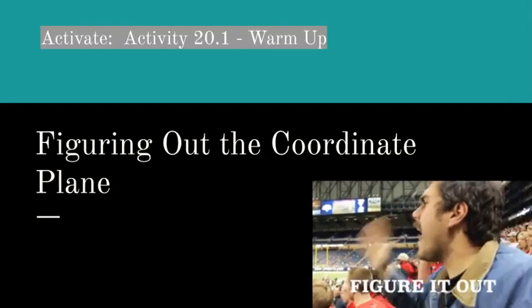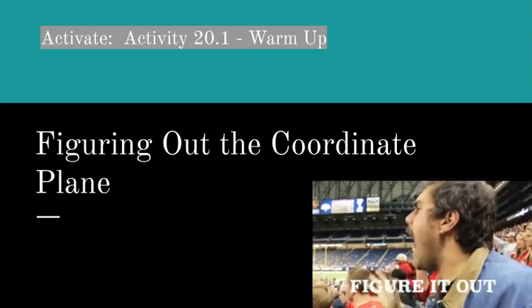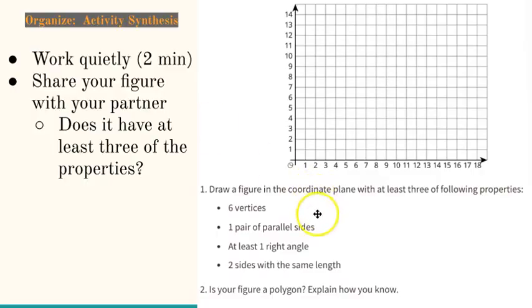All right, let's do a little warm up here on coordinate plane and figures on a coordinate plane. So let's review some of this real quick. What's a vertex? A vertex is where you have two or more lines coming in to the same point.